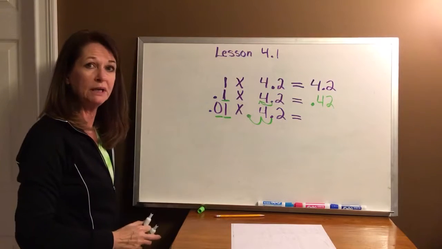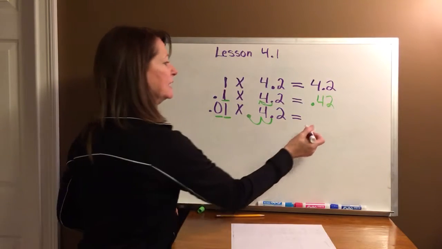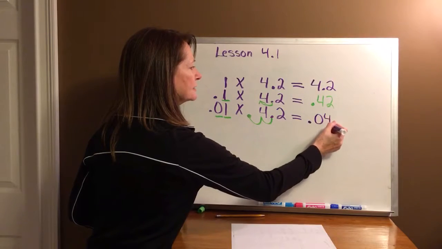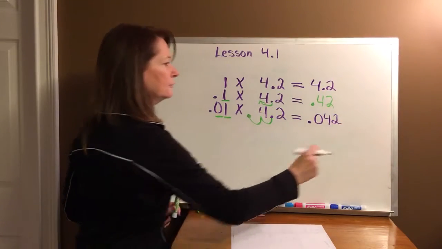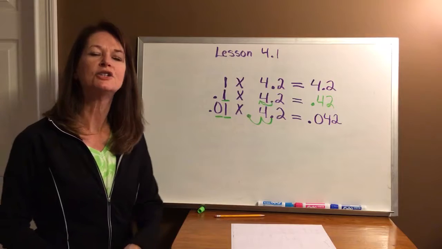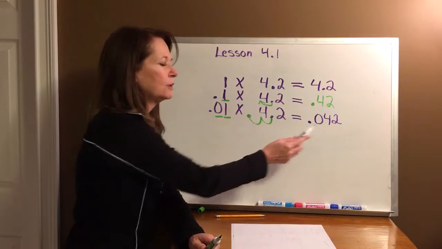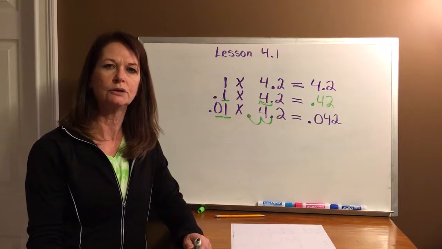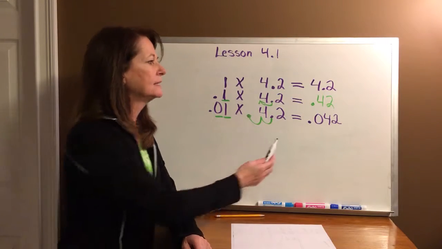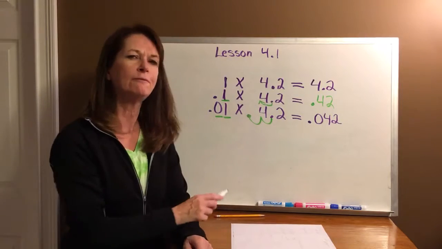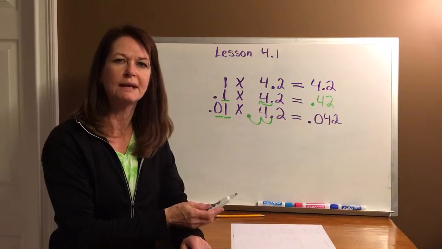So my answer will be, you already know, 42 thousandths. Guys, it's just moving the decimal point. The only reason I'm putting zeros in is as a placeholder to hold that value, to make this say 42 thousandths. If I didn't put it in, I'd have 42 hundredths again, and that wouldn't make sense.